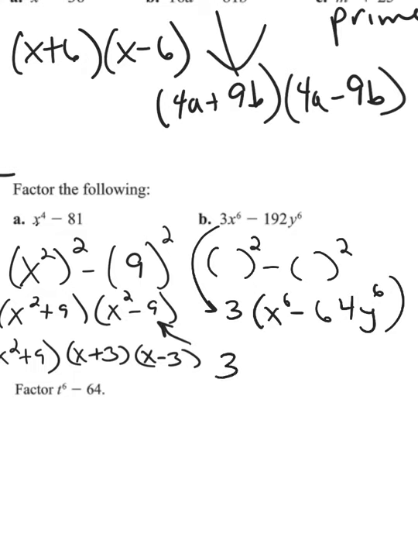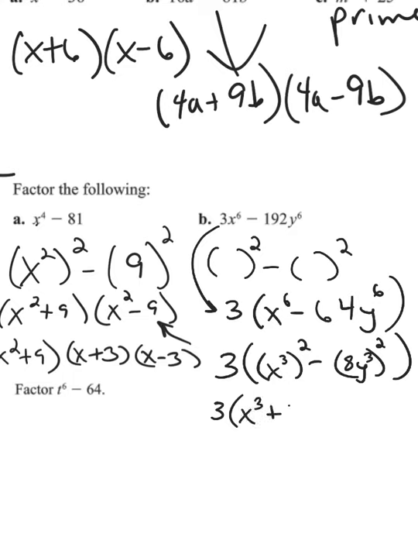So now I can go ahead inside my parentheses and try to write this as something squared minus something squared. And it might work. For instance, if I had x cubed, 3 times 2 is 6, and I had 8y cubed, no way, 3, x cubed plus 8y cubed, x cubed minus 8y cubed. Holy Hannah. That one's really, really tough.